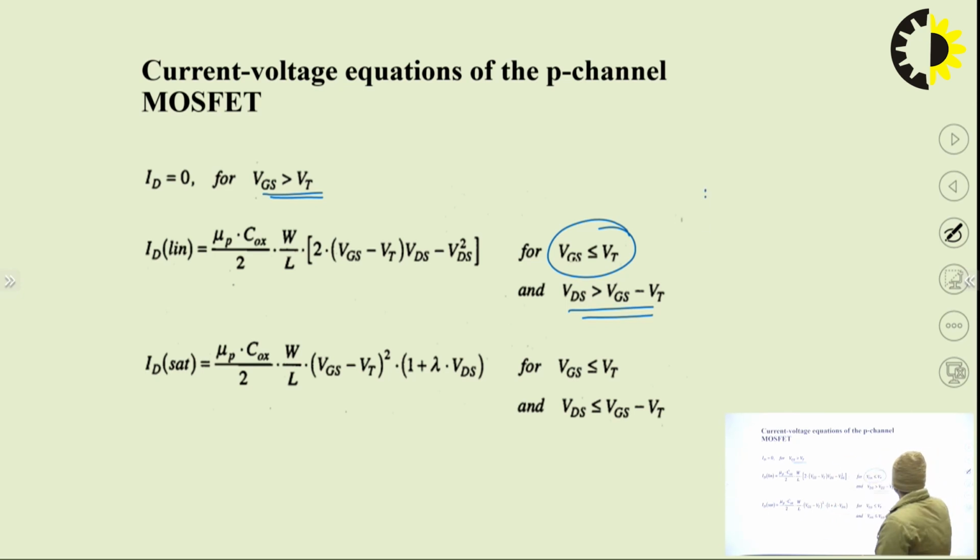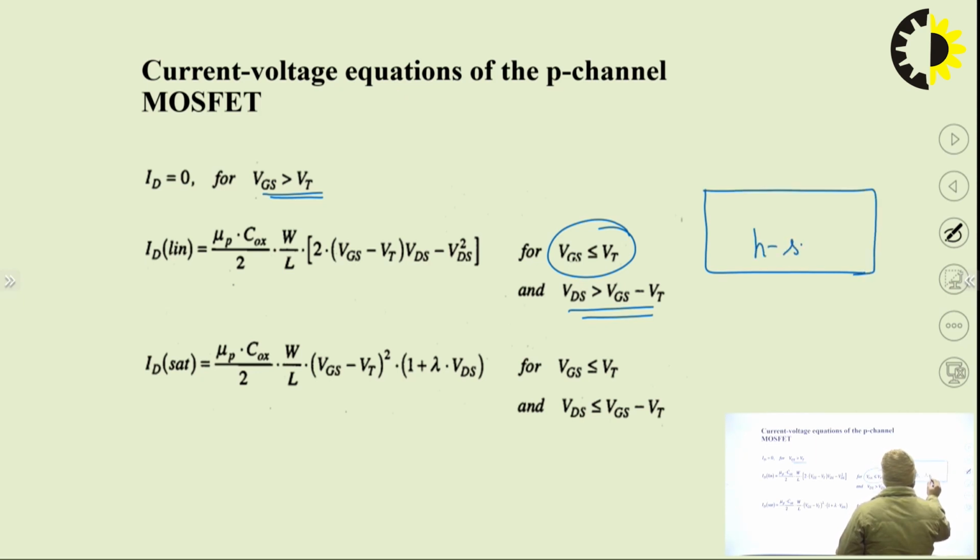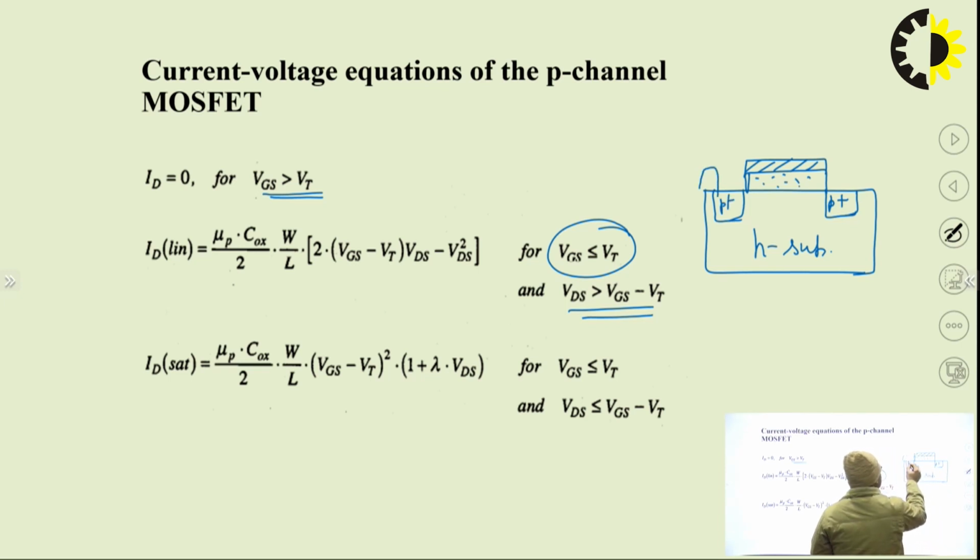P channel MOSFET means the substrate is N type. Above this substrate, an oxide layer is created. A metal gate electrode is also created, and the drain and source regions will be P plus. So this is the p channel MOSFET.